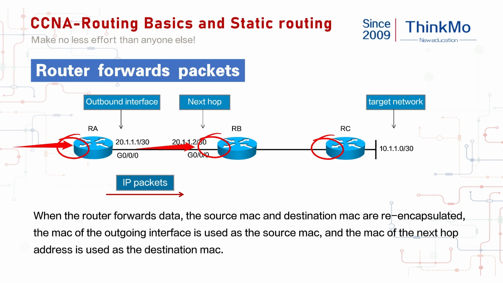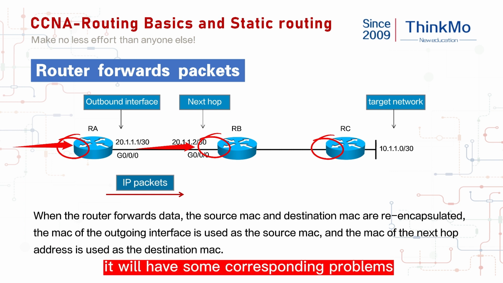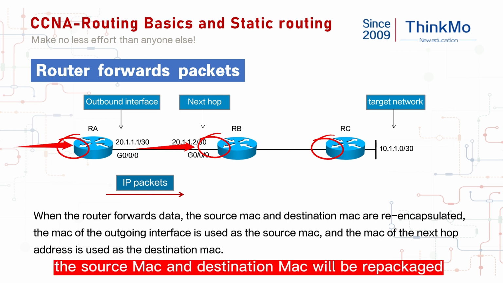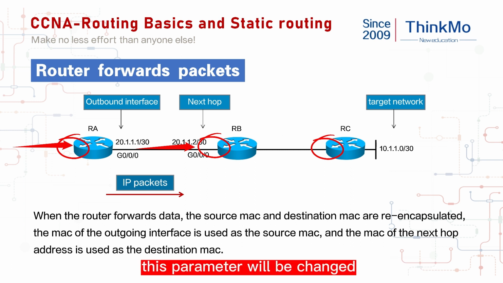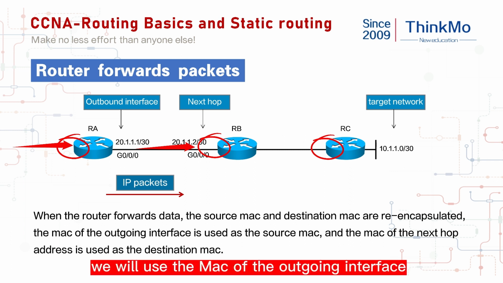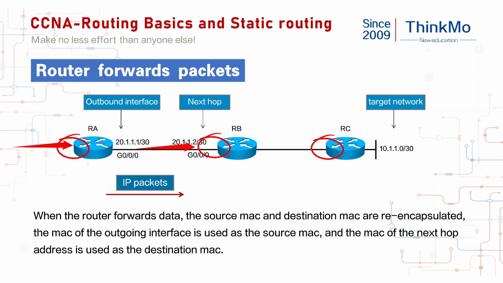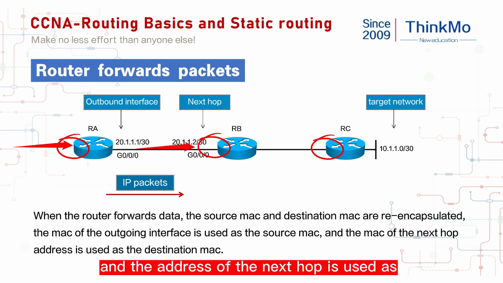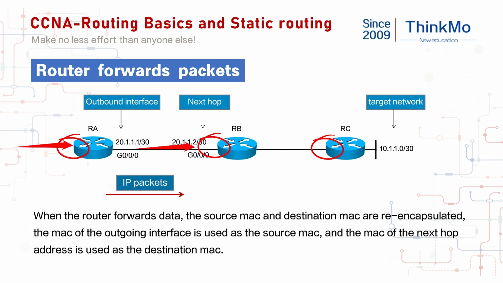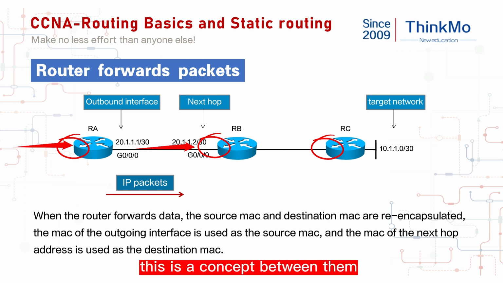Therefore, when the router forwards data, the source MAC and destination MAC will be repackaged. This parameter will be changed. We will use the MAC of the outgoing interface as the source MAC, and the address of the next hop is used as the destination MAC. This is a concept between them.